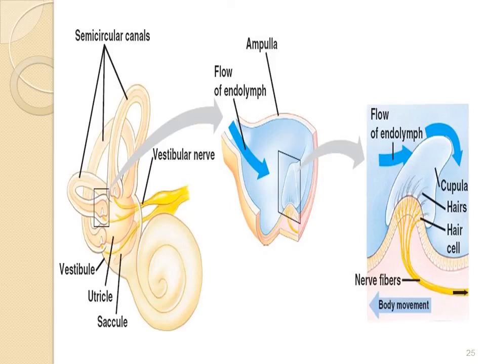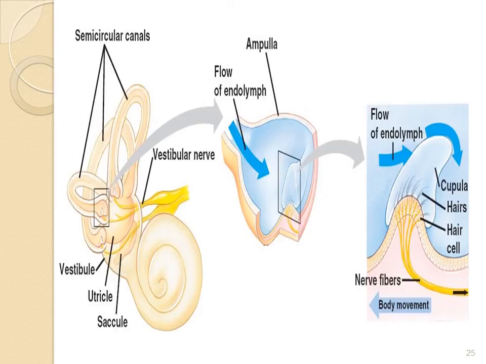Also in this picture, you can see another view of the semicircular canal after enlargement, with flow of the endolymph inside the ampulla. This flow of the endolymph is sensed by the cupula, and inside the cupula there are hairs.